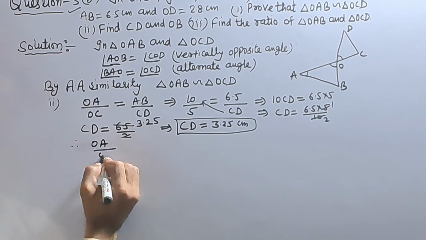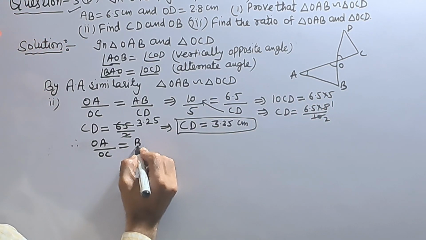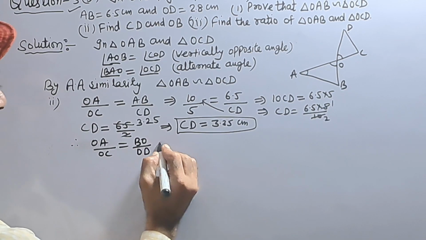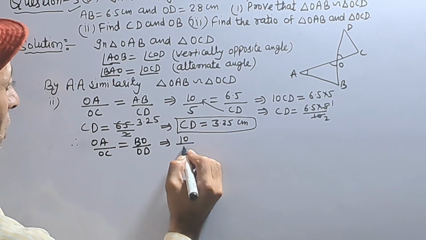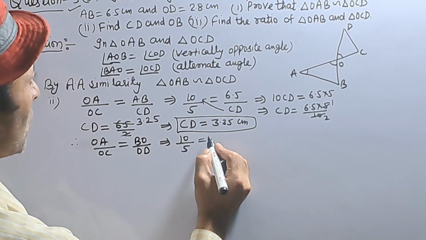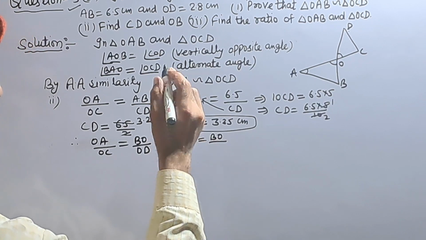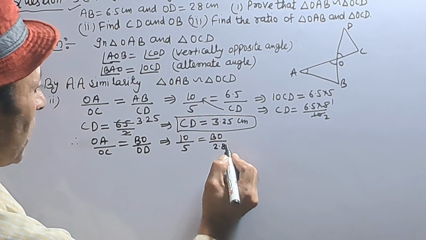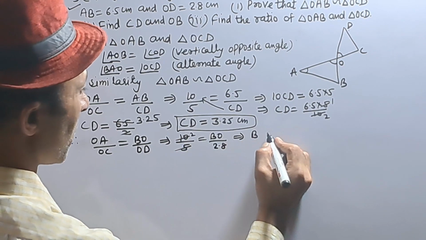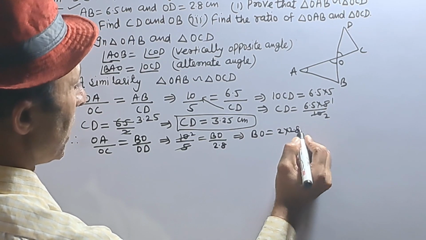So OA upon OC is equal to BO upon OD, which implies 10 upon 5 is equal to BO upon 2.8, which is divisible by 2, and BO is equal to 2 into 2.8.